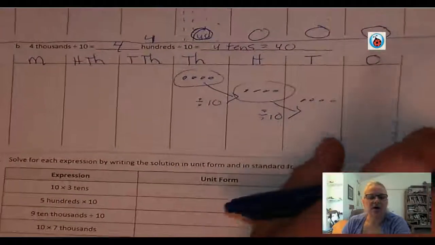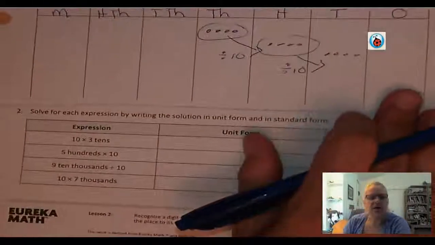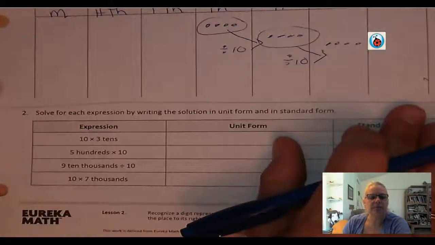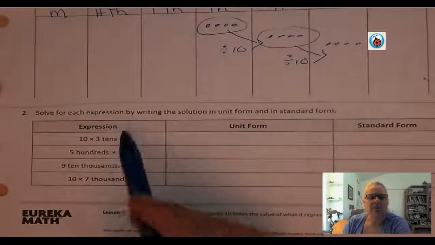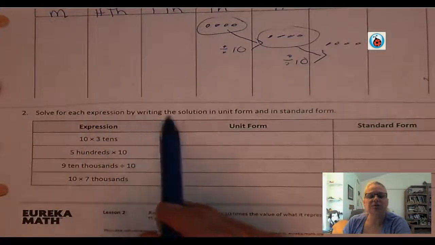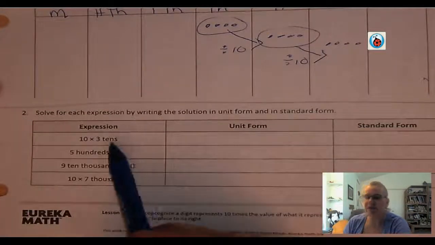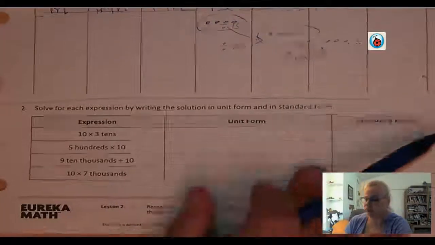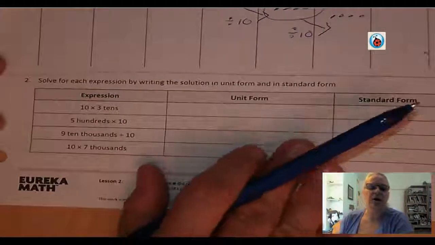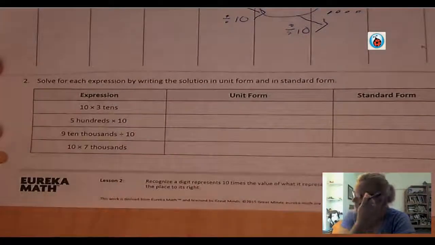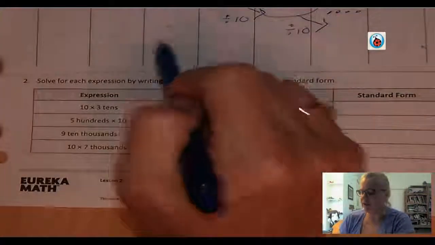All right, so now solve each equation by writing the solution in unit form and standard form. So now we need to know what is unit form, what is standard form. Well, unit form is basically writing everything out in whatever unit it is.